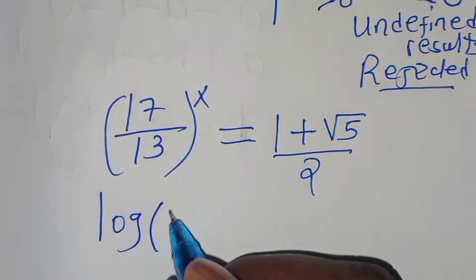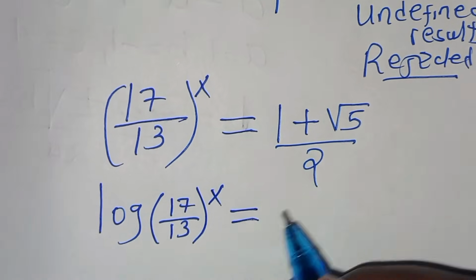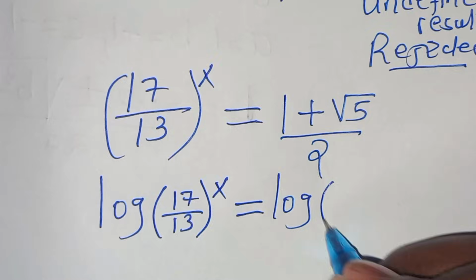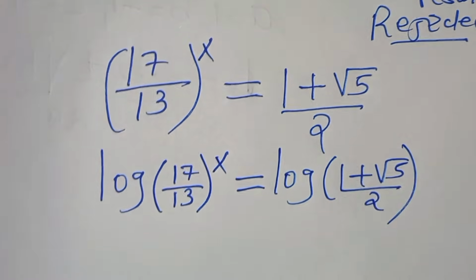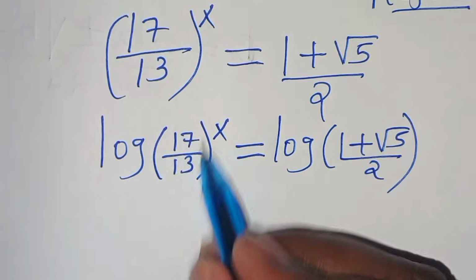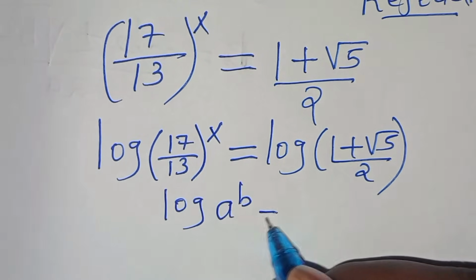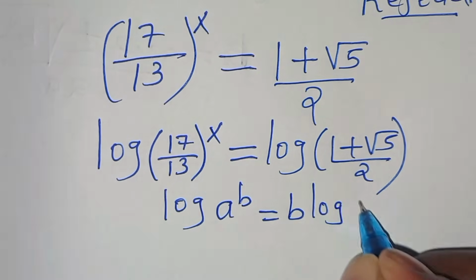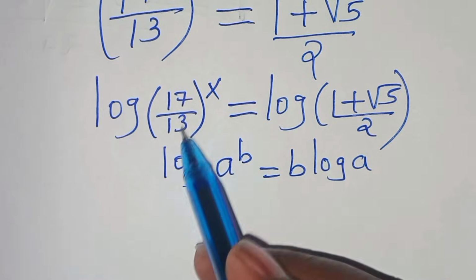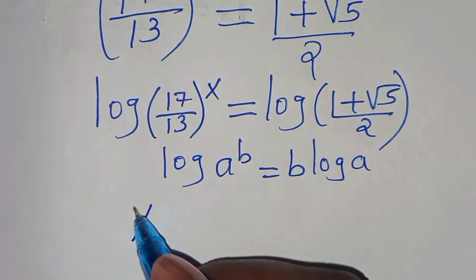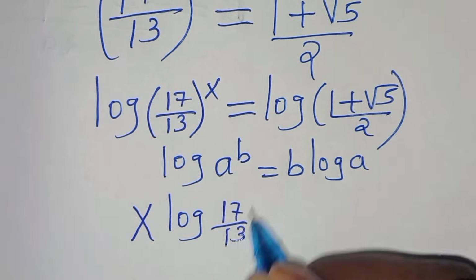We have log of 17 over 13 to the power of x. This is equal to log of 1 plus square root of 5 over 2. To solve for x here, this is in the form of log a to the power of b, which we can express as b log a. Applying this power log property, then we have log of 17 over 13 to the power of x becomes x log 17 over 13.